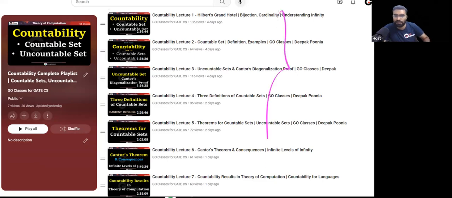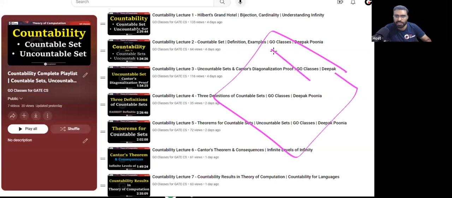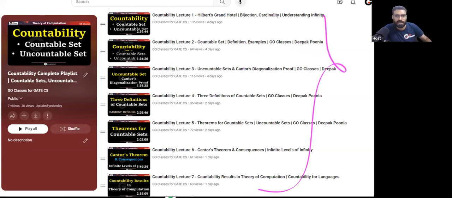Even if you attempt a subjective exam like DRDO, and they ask you to prove that the set of real numbers is uncountable, prove that N cross N is countable, or prove Cantor's theorem, you can do that. This is your countability complete course.